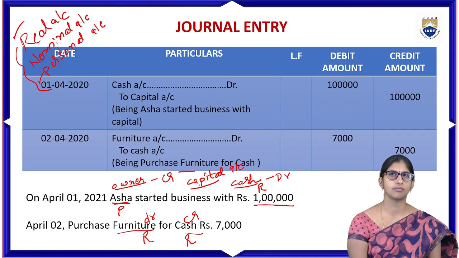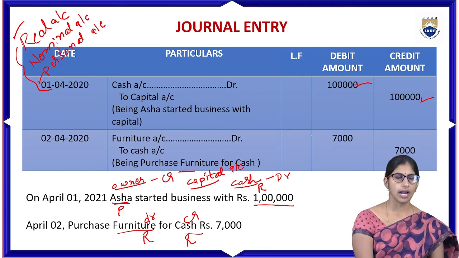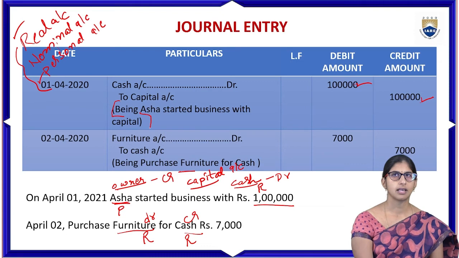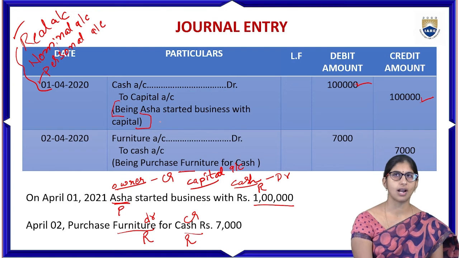Capital account we have to credit. How much is the amount? 1 lakh, so we wrote 1 lakh here, and exactly in the credit column we write 1 lakh. And coming to this part, that is, Asha started business with capital, this is called narration.